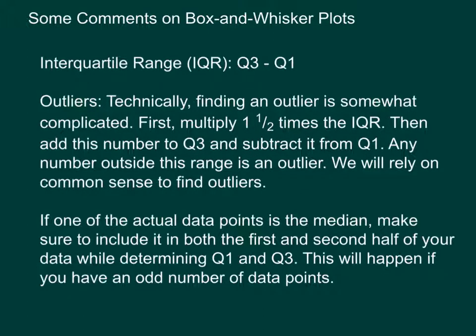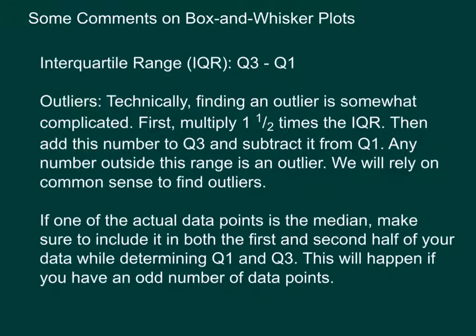And just one other point, and it didn't come up because of the examples that we looked at. If you have one of the actual data points that's the median, then you're going to make sure that you include it in both the first and the second half of the data while determining Q1 and Q3. So this will happen if you have an odd number of data points.